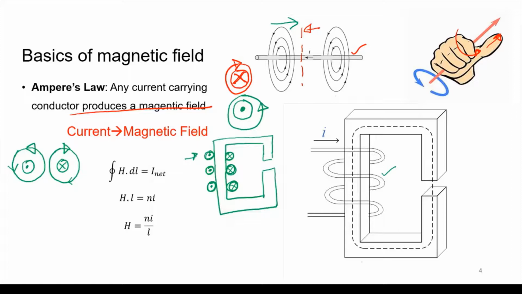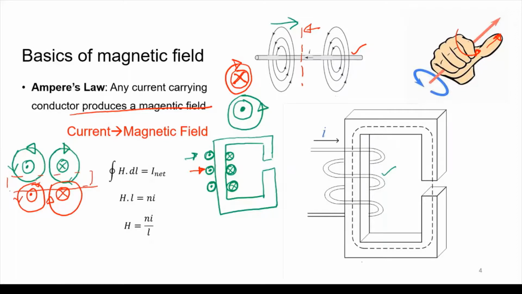Now let us look at the second turn. Again, the magnetic field, because of cross, will be clockwise, and because of dot, it will be anti-clockwise.